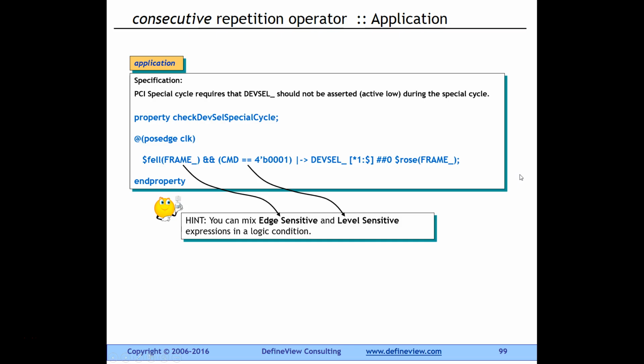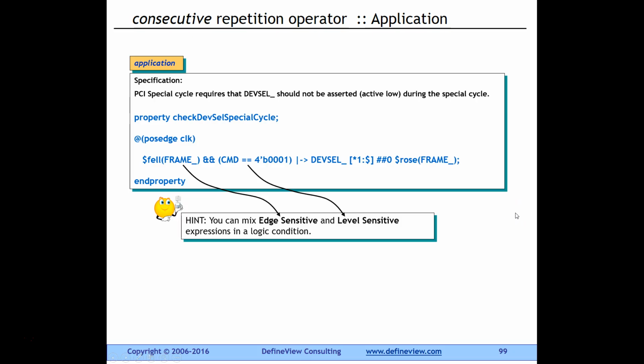So you can clearly see the qualifying event makes the device select consecutive range operator with an infinite range meaningful. We do not know when the cycle is going to end, but whenever it ends, until then, device select should remain high.